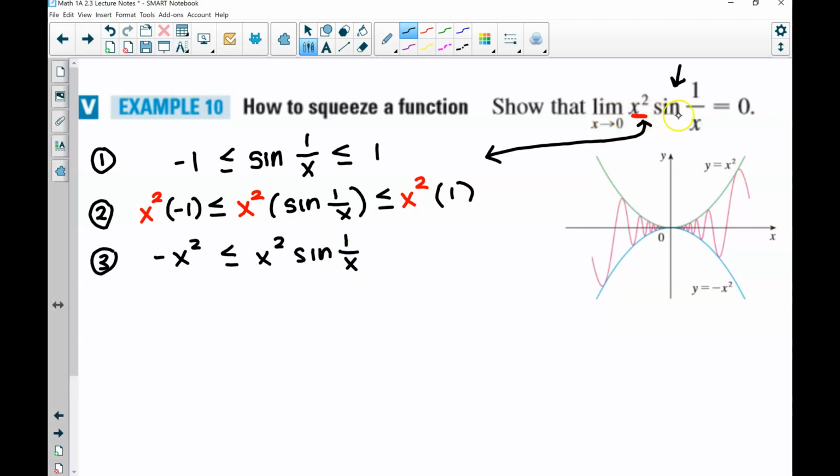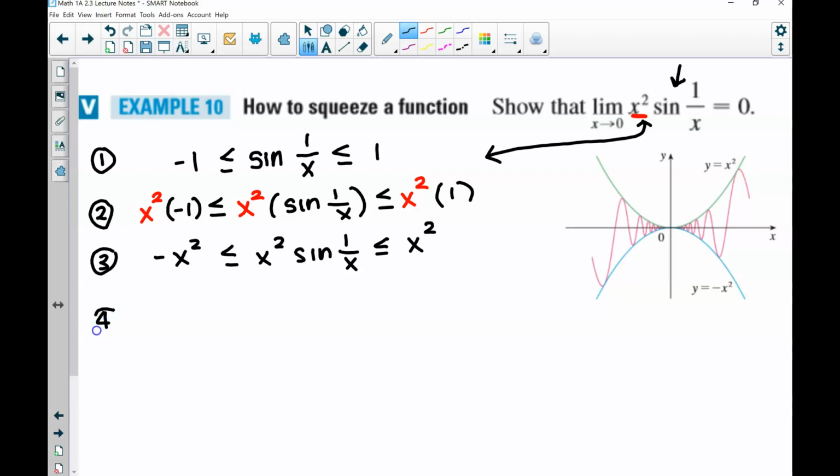And so now we can see that this is the function that we were looking for with that limit in our question, and that's going to be less than or equal to x squared. Now, since we want the limit of this function as x approaches 0, we're going to take the limit of all three sides as x approaches 0.